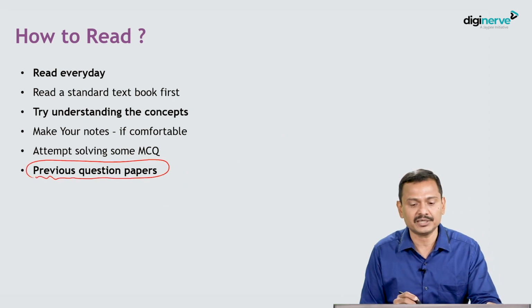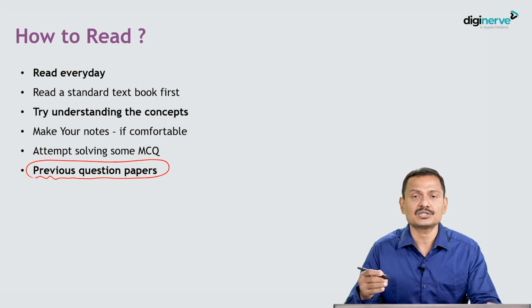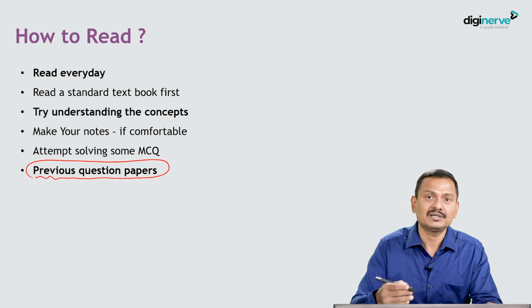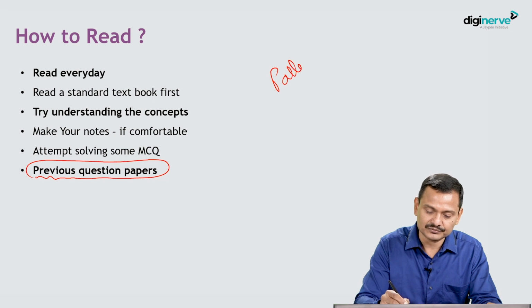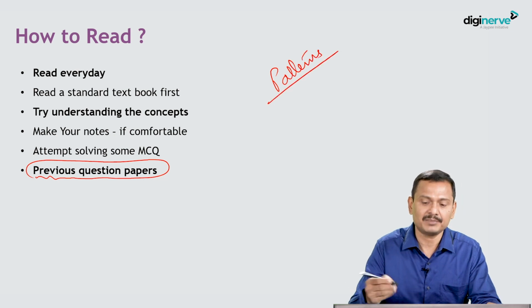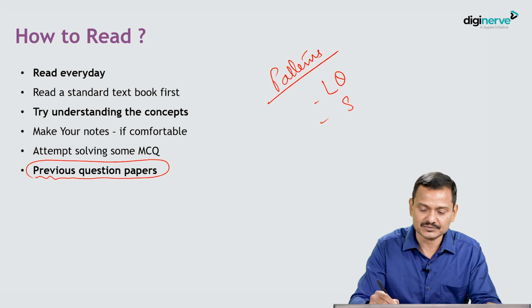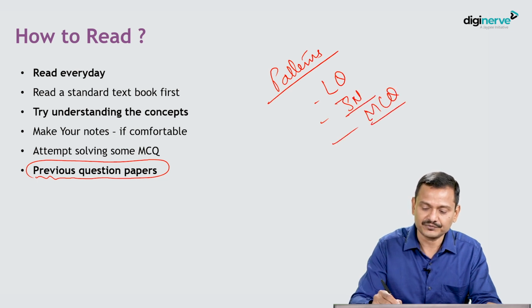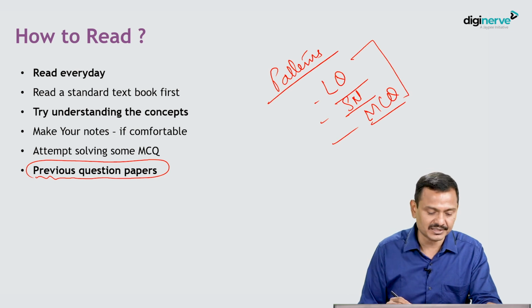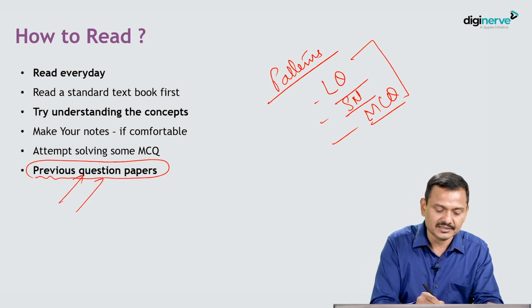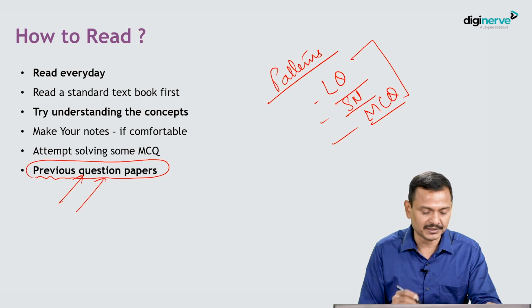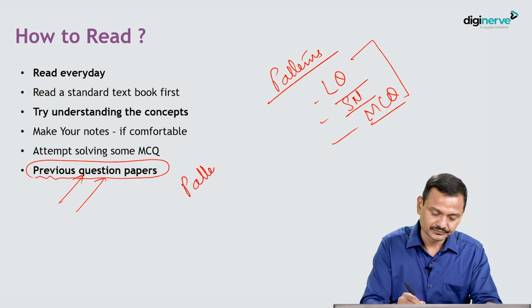The last is previous year's question papers. Now this is very important because each of your institutions or universities will have a different pattern of exam. Some may ask for long questions, some may ask for short notes, the other may go for MCQ type questions. So different institutions, different requirements. So you must see what the previous year's question paper and pattern are.